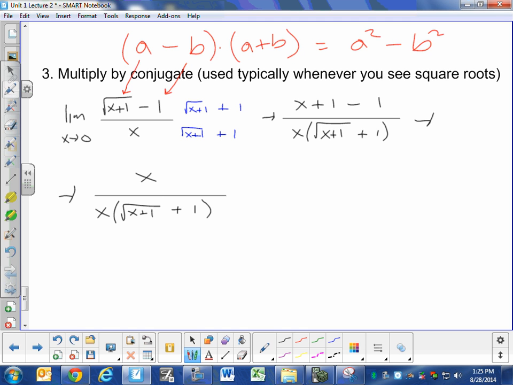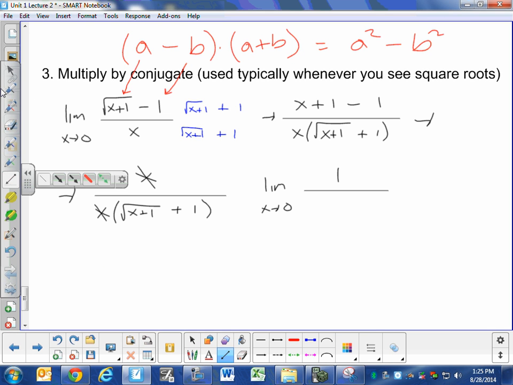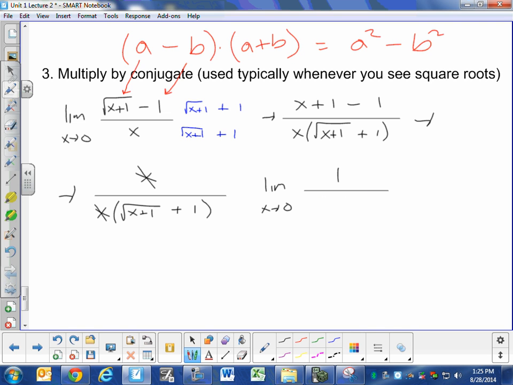Those x's will cancel, and we can now find the limit because we get rid of that problem that prevents us from plugging in 0. We will find the limit as x approaches 0 of 1 over root x plus 1 plus 1.